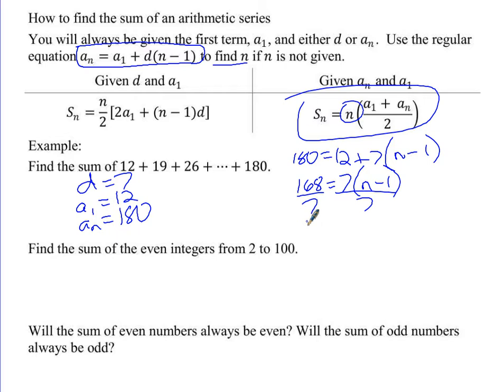And what is 168 divided by 7? Is it 24? Okay, so we have 24 equals n minus 1. So we add 1 to both sides and we get 25 equals n. So that means there's 25 terms in this series that they're asking us to add together.